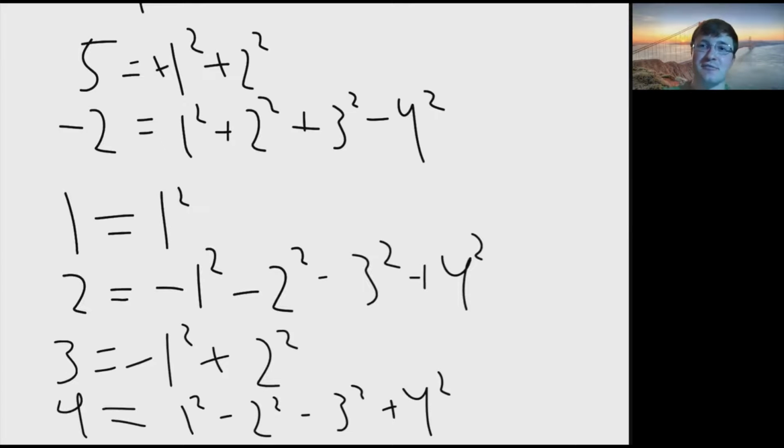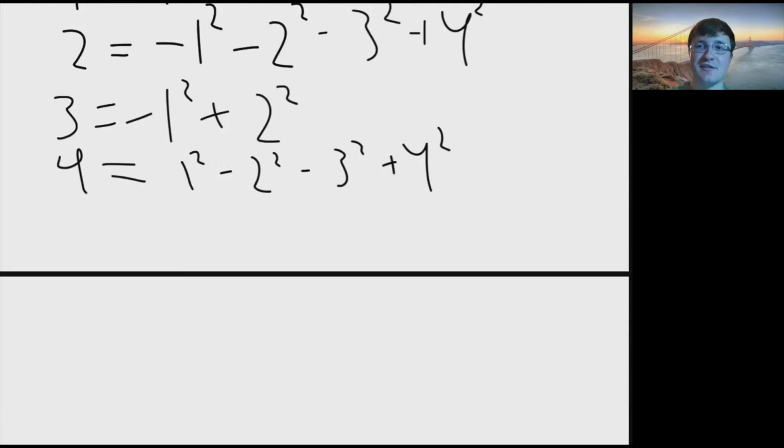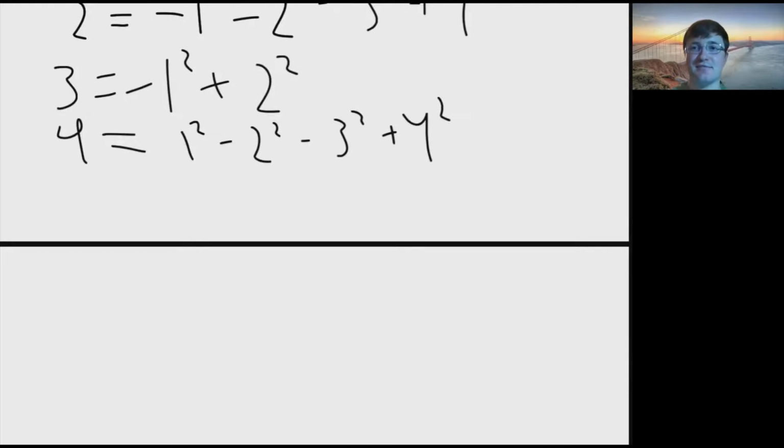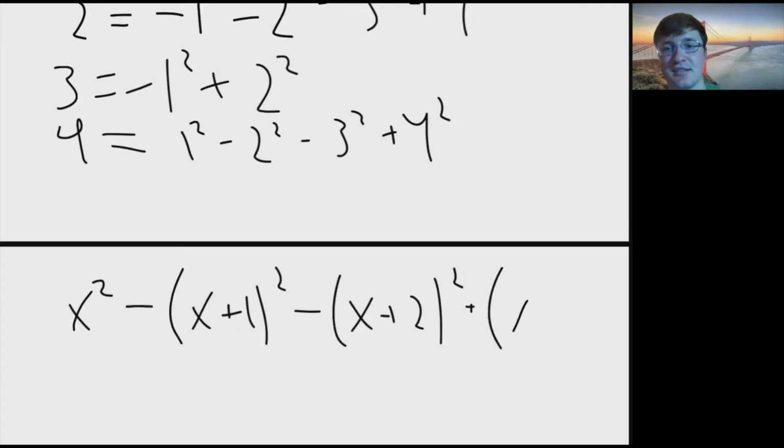Okay, so those are the 4 base cases, and then the trick thereafter is to get from x to x plus 4, or say n to n plus 4, whichever you prefer. And the key is that for any x, not just an integer, but any complex x, you take x squared minus x plus 1 squared minus x plus 2 squared plus x plus 3 squared.